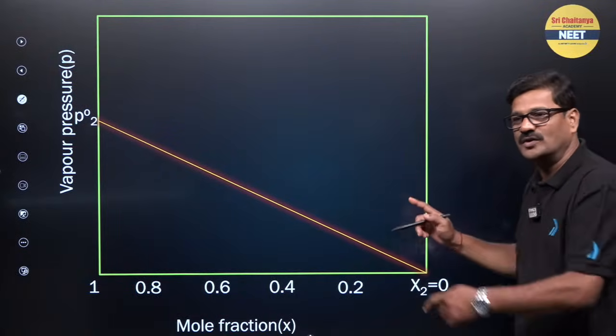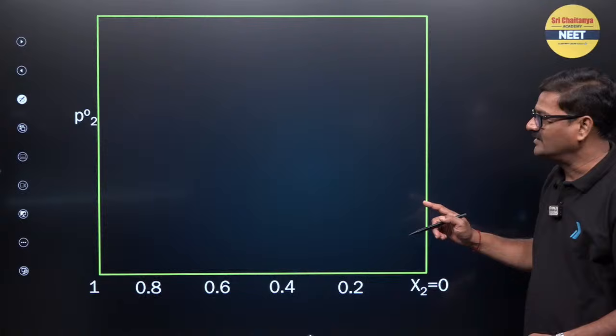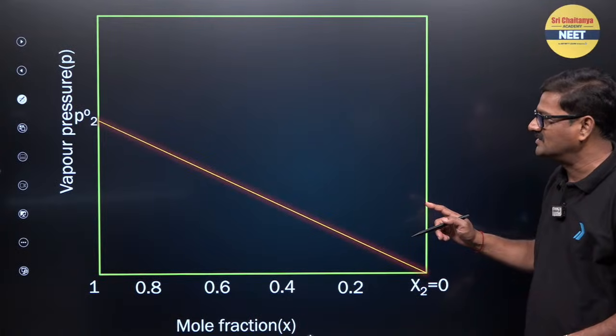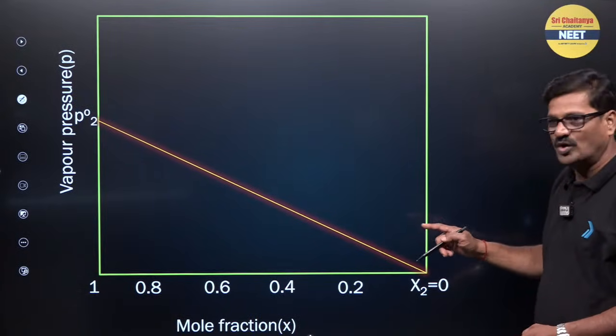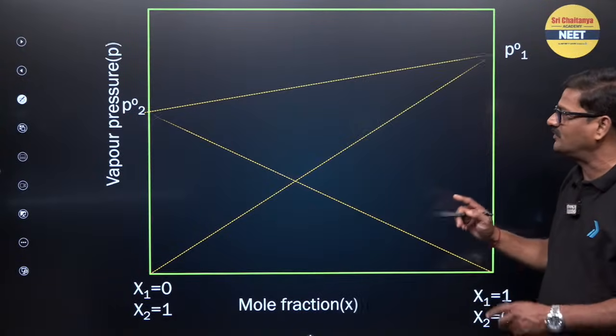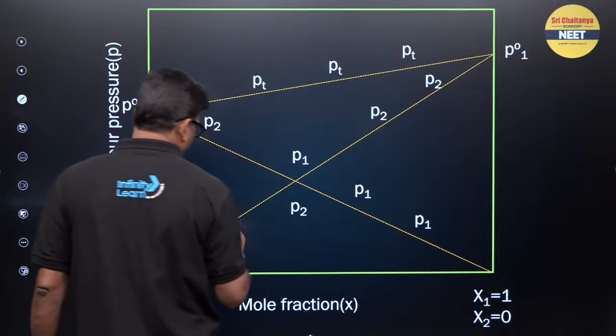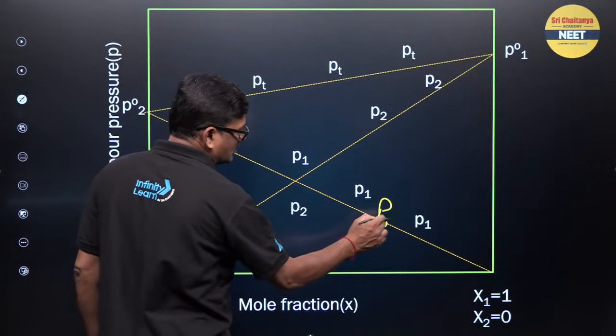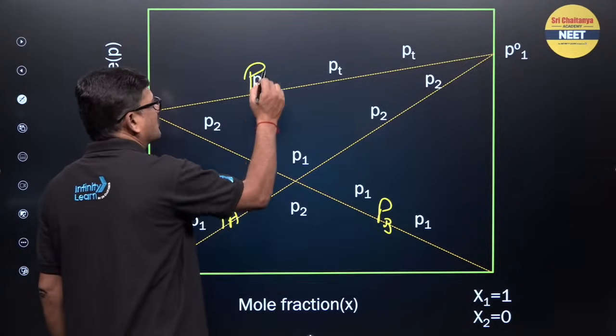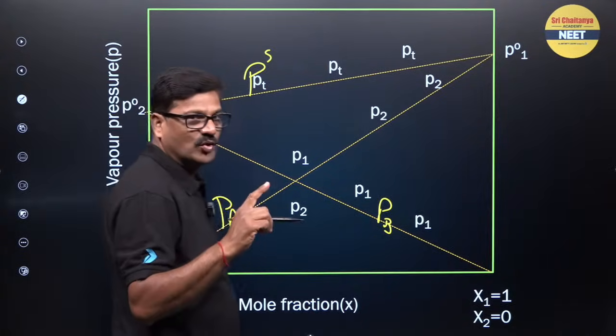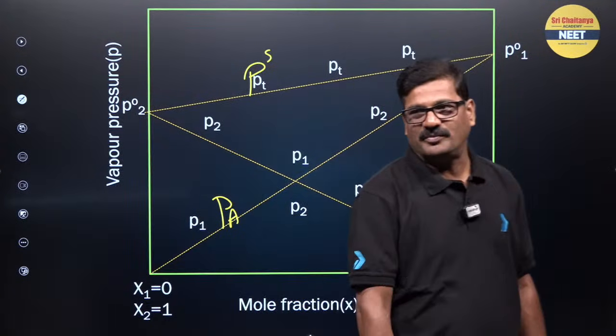These two, A and B, are incorporated in the same graph, and you are going to get it like this. This is PA, this is PB, and this is PS or P total.